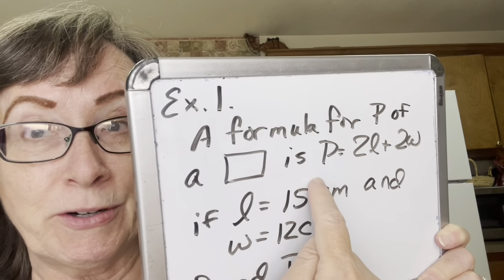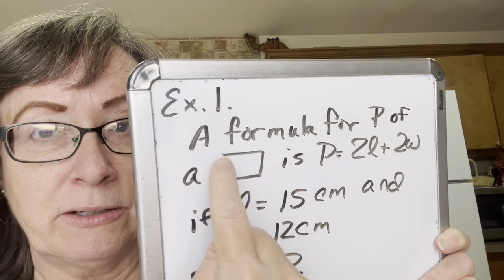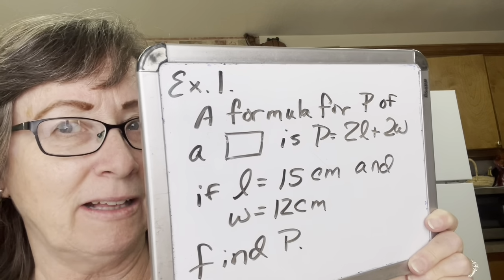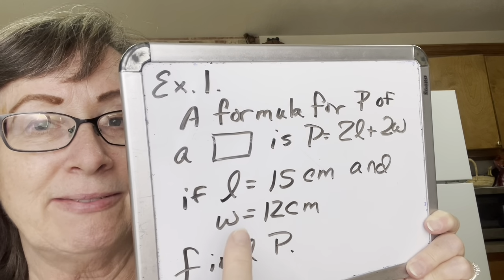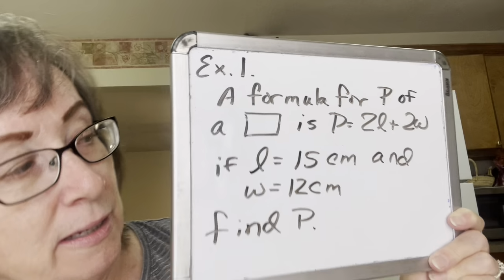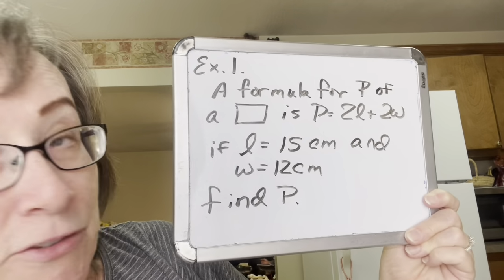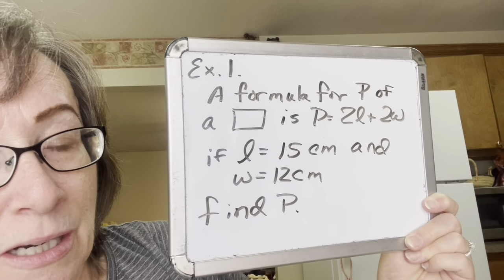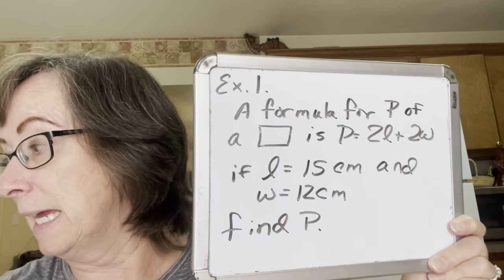So the perimeter of a rectangle is twice the length, I'm going to add those two together, and twice the width, right? Well, then I can evaluate that perimeter when they give me the length and they give me the width. So I have a length of 15 centimeters and a width of 12 centimeters. So to find the perimeter, I'm going to plug those two values in here.